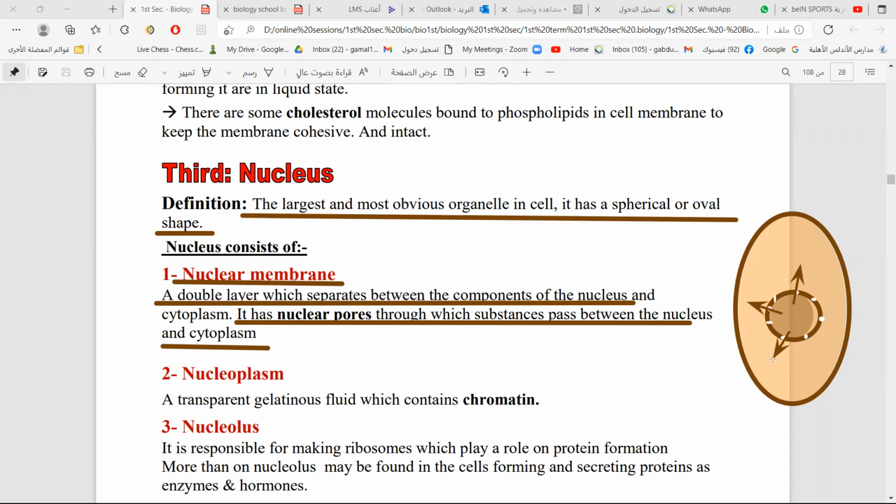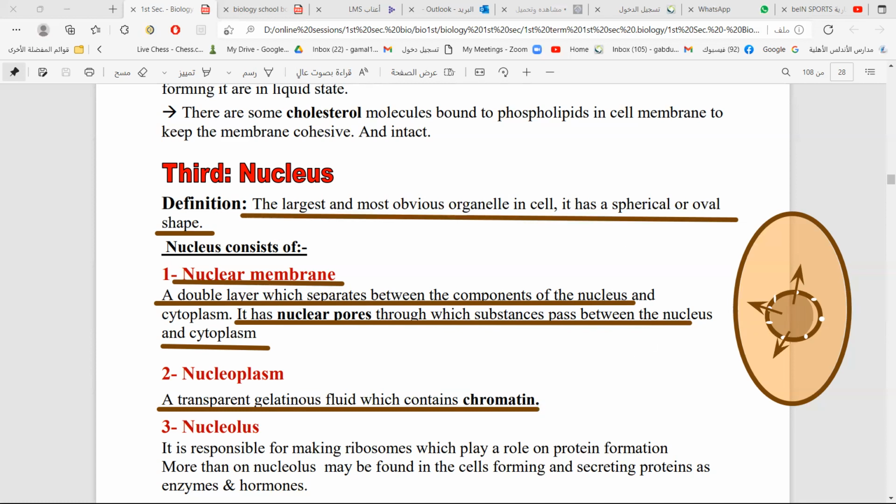And we have also the nucleoplasm. The liquid inside the nucleus is called the nucleoplasm. It is like a transparent gelatinous fluid, such as the cytoplasm. And it contains the chromatin.